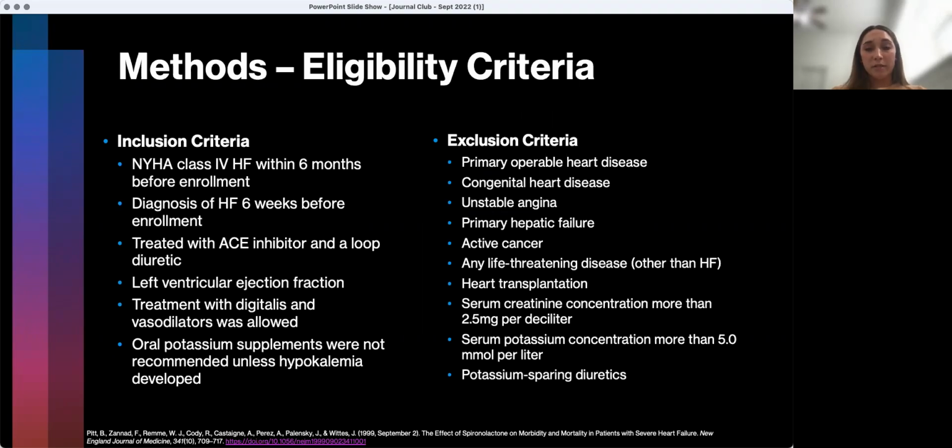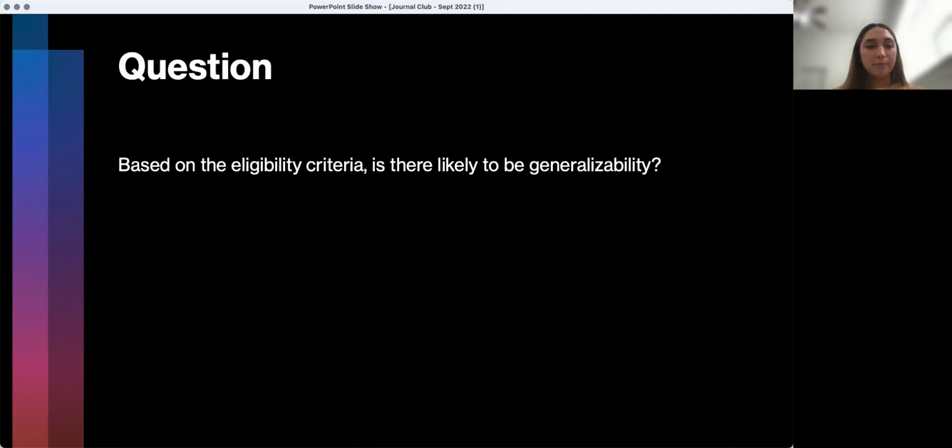If they had a heart transplant, and then the serum creatinine concentration levels, so if it was more than 2.5 milligrams per deciliter, and then a serum potassium concentration of more than 5 millimoles per liter, as well as potassium-sparing diuretics. So that was the inclusion and exclusion criteria.